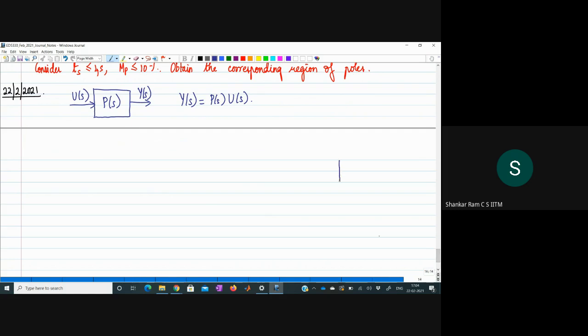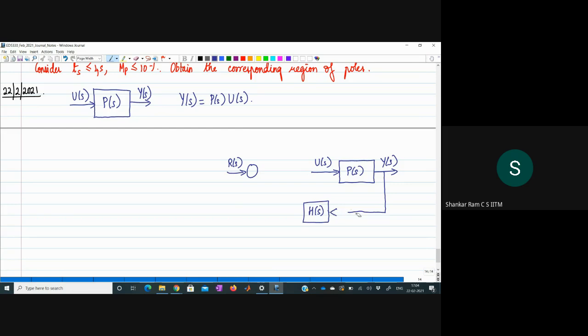So let us say we start with the plant whose transfer function is P of S. The input is U of S and the output is Y of S. Our objective in the so-called output feedback problem is to regulate the output around some R of S. So let us say we have the feedback path, and in the feedback path, let us say we have a mapping H of S. For example, we may have a filter to filter out noisy signals, or we may be measuring a quantity which is different from what we want to control.